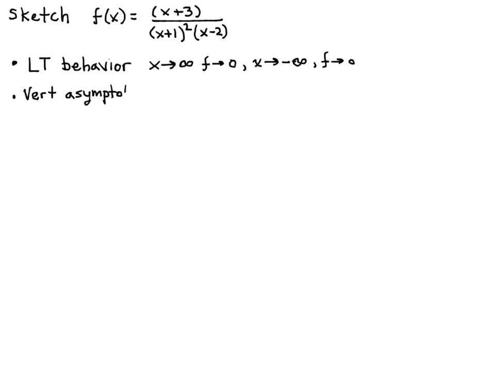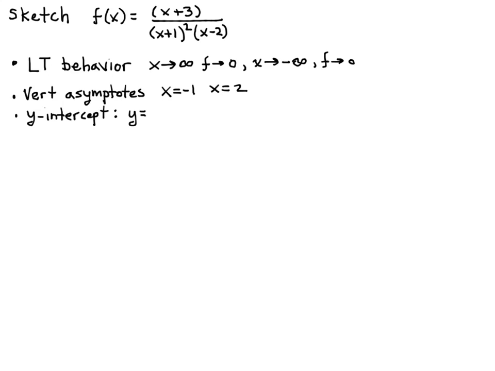Okay, so we have some vertical asymptotes. One of them is going to be -1 and the other one's going to be 2. Because if x is either -1 or 2, we're going to have division by 0. So we have to put an asymptote there saying we're not going to ever be there.